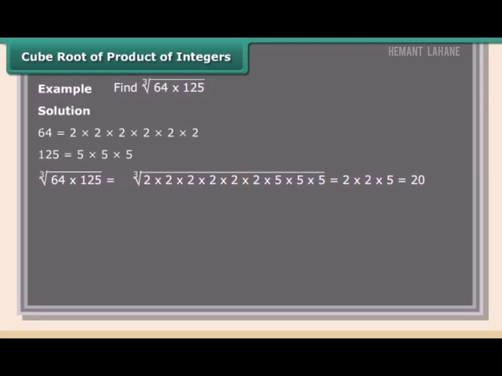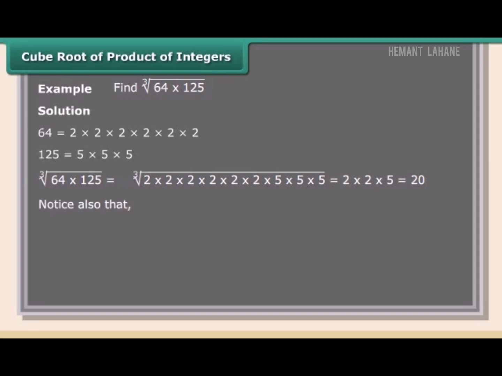Cube root 64 into 125 is equal to cube root 2 into 2 into 2 into 2 into 2 into 2 into 5 into 5 into 5, which is equal to 2 into 2 into 5, which equals 20.